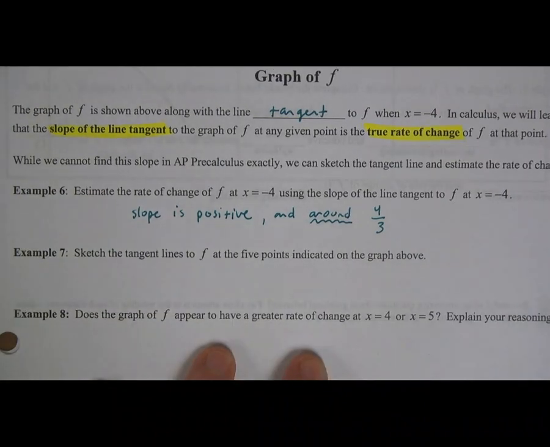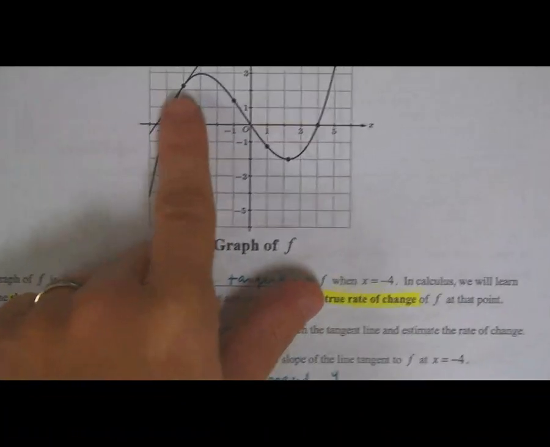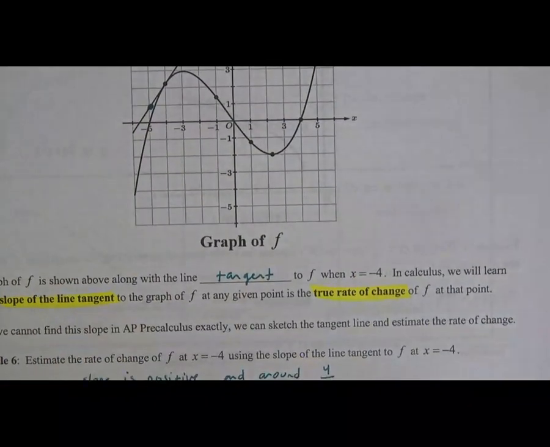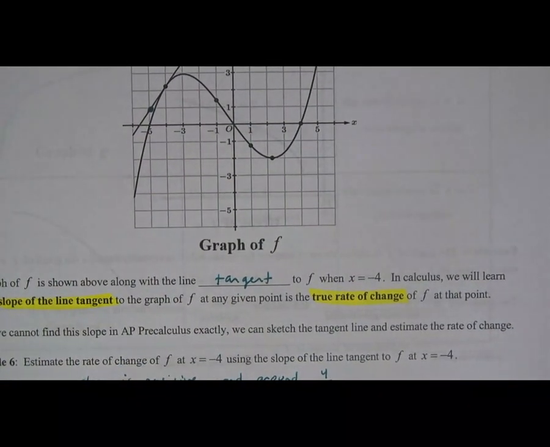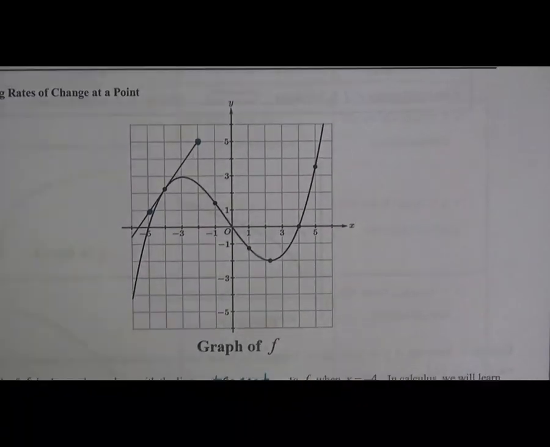Now this is going to be challenging for some of you. Example 7 says sketch the tangent lines at the 5 points indicated on the graph. Okay, so these 5 points that they have, we're going to be sketching tangent lines. I'm going to use a ruler. You don't have to, but I just want to make sure my notes are nice and neat for you.